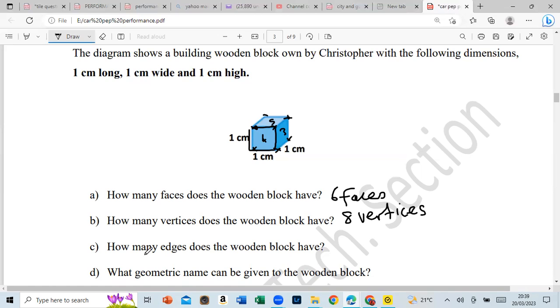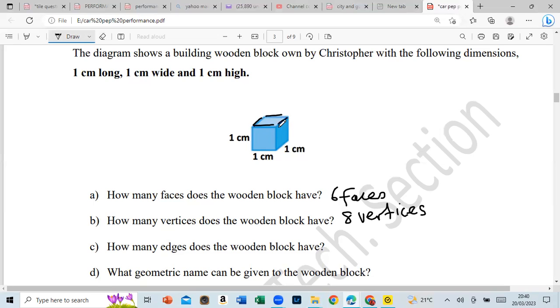So now it says, how many edges does the wooden block have? Now I'm going to clear off these because I want to show you guys what the edges are. Basically the edges are these lines, like from here to here. 1, 2, 3, 4.